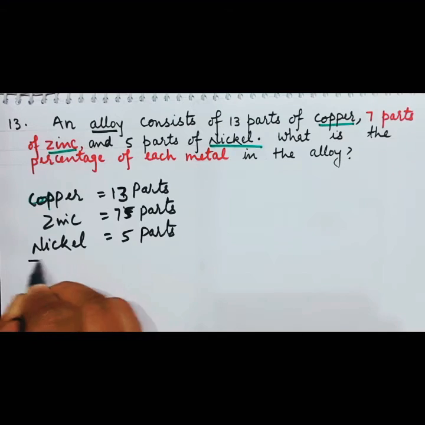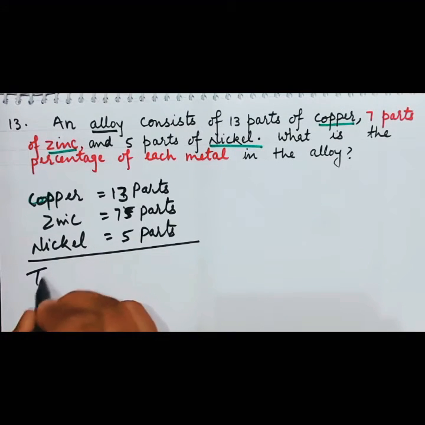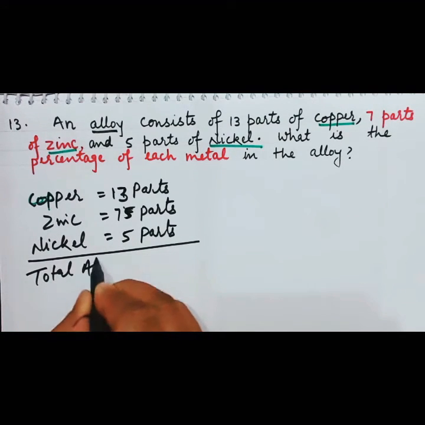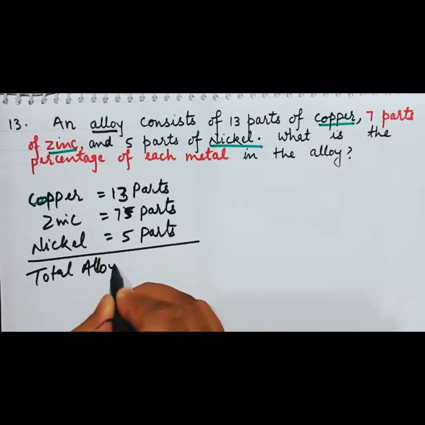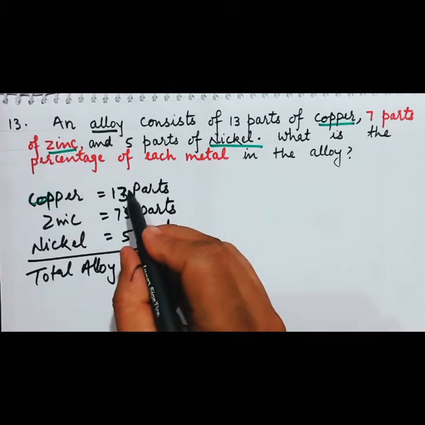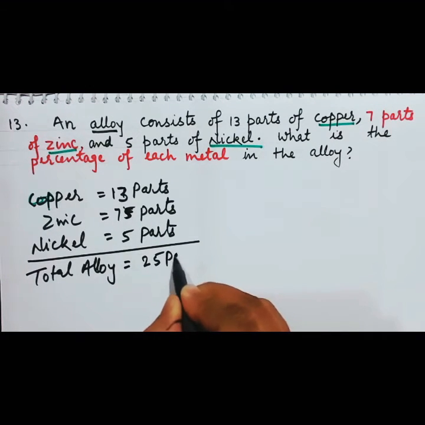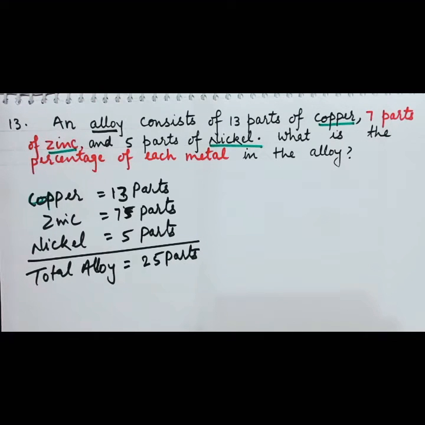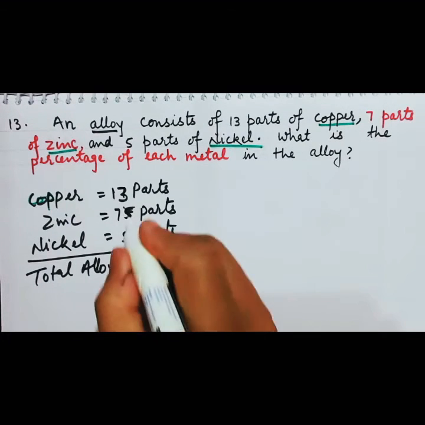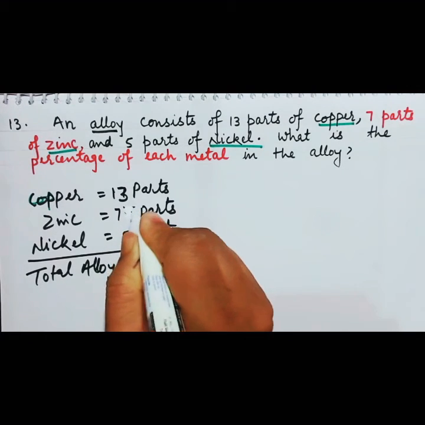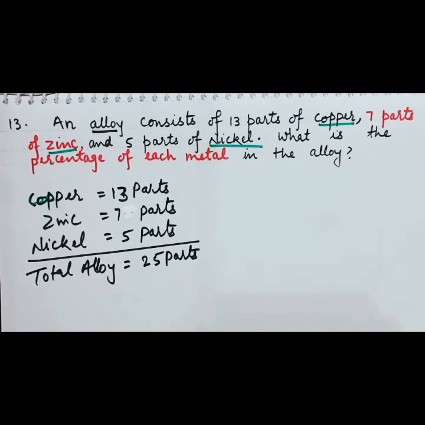I got mistaken. Okay. So the total alloy is equal to 13 plus 7 plus 5, which is 25 parts. So here we need to mention that the total alloy was 25 parts.